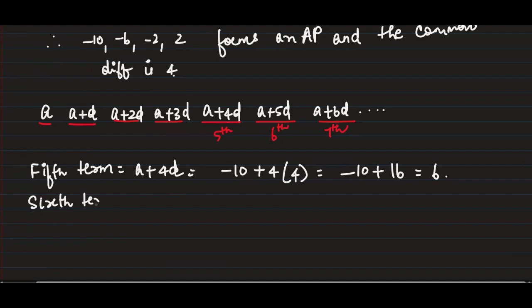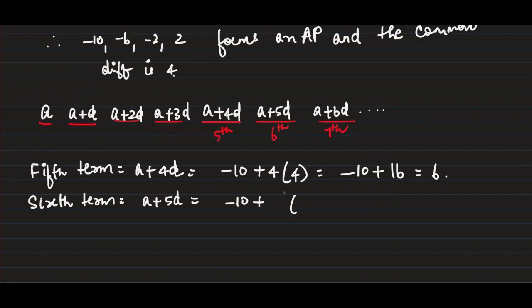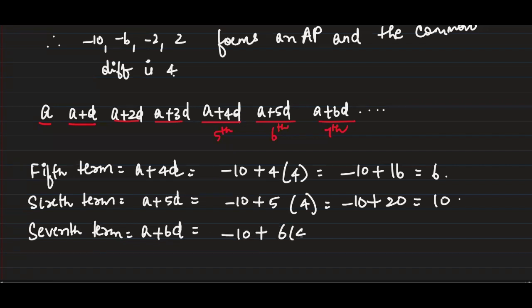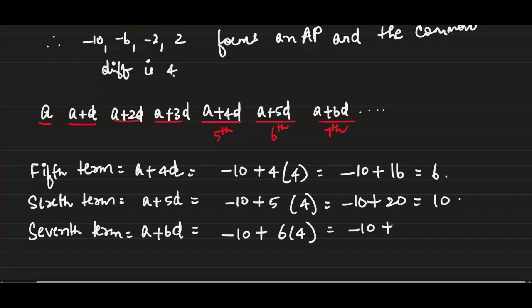Now the sixth term is equal to a plus 5d, which is equal to minus 10 plus, sorry, it will be 5 into 4. That will be 5 into 4, which is equal to minus 10 plus 20, which is equal to 10. Okay. Now the seventh term is equal to a plus 6d, which is equal to minus 10 plus 6 into 4, which is equal to minus 10 plus 24.